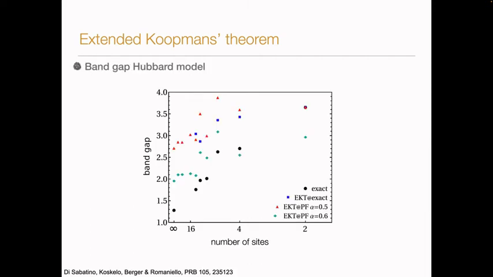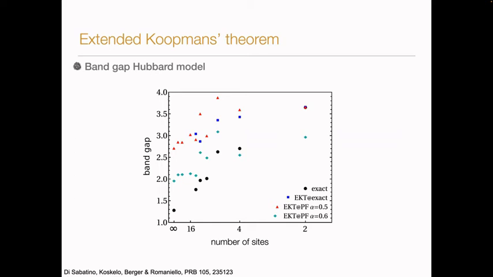Then some more info about the band gap when we increase the number of sites. So again, in black, you have the exact band gap, okay? In blue, you have the EKT band gaps obtained with exact ingredients. So you see the overestimation that I told you. It's exact only for the Hubbard dimer because of the limited number of peaks in the spectral function.